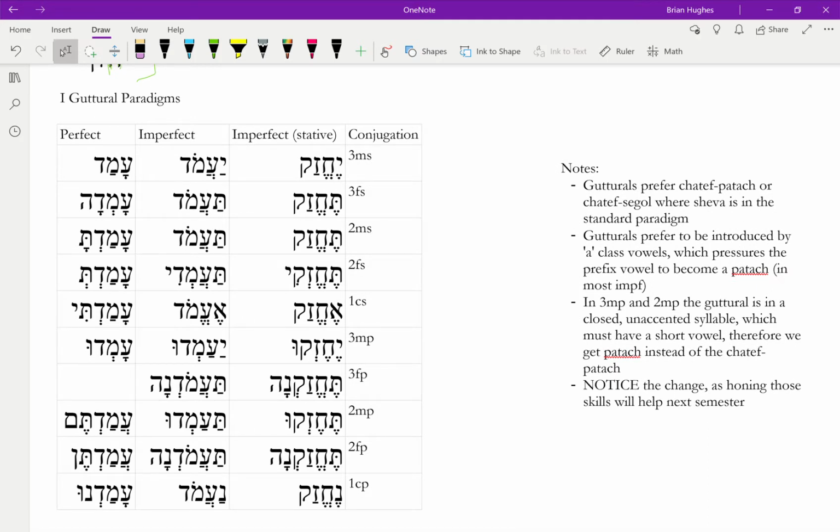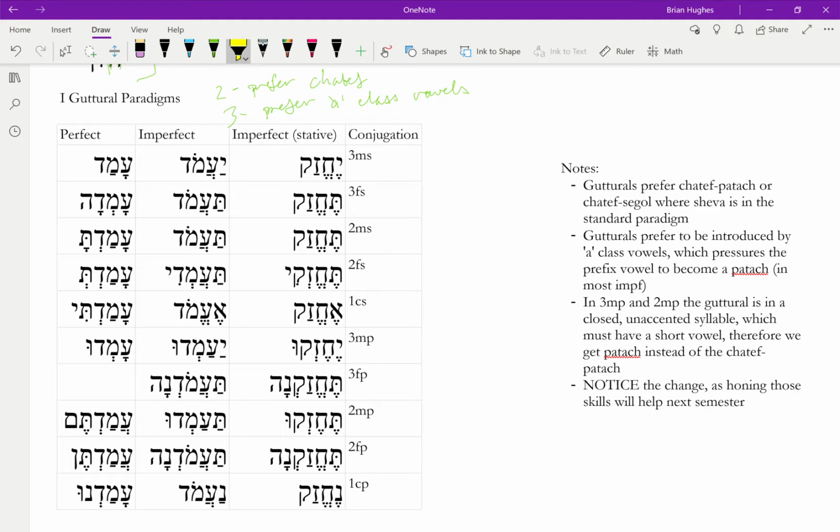Primarily, what we're going to see as we go through the perfect and the imperfect here is rule number 2, which is they prefer hatefs, and rule number 3, which is they prefer A-class vowels. We're going to see those show up here as we go through this paradigm. And again, we're going over these because these are a little different.